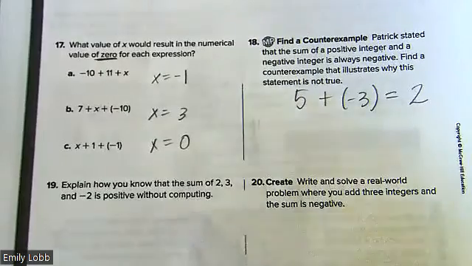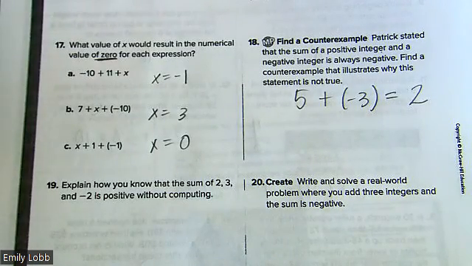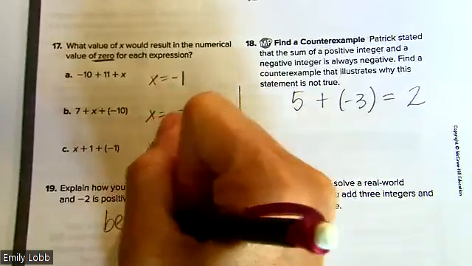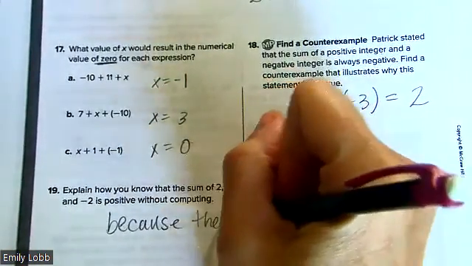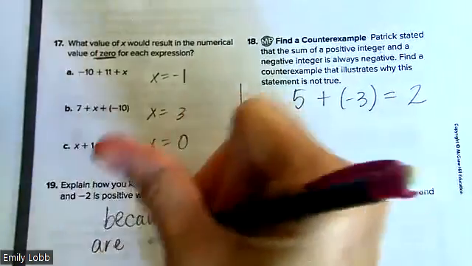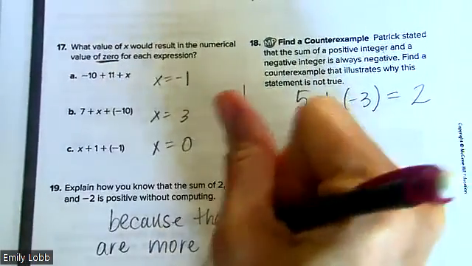All right, explain how you know that the sum of 2, 3, and negative 2 is positive without computing. How would I know that it was positive? Because the bigger number is positive, because there are more positive. That's okay.